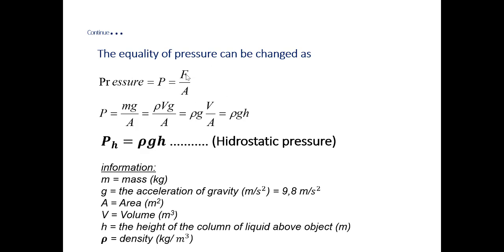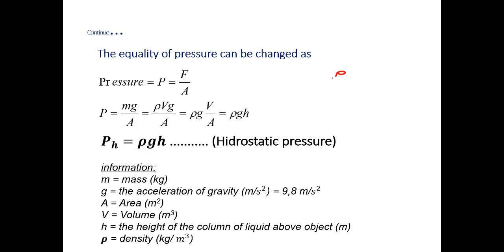As you know, force can be mass times gravity, and we change m from density, rho equals m per v. Okay, you have P as force divided by area, and you know force in here is mass times gravity.